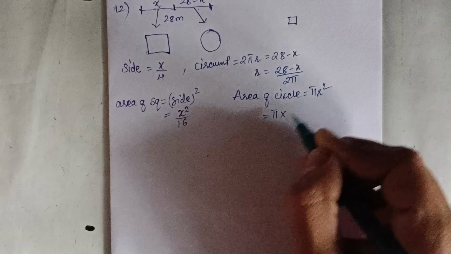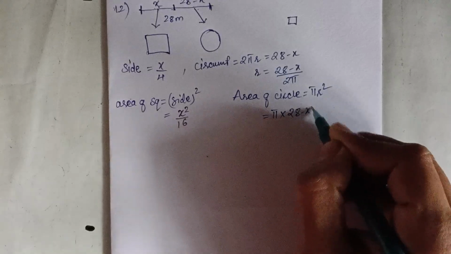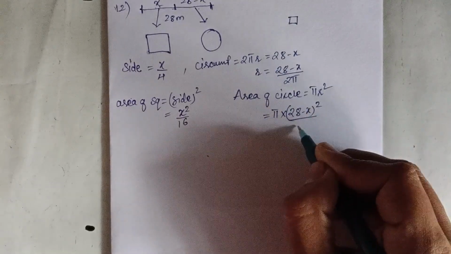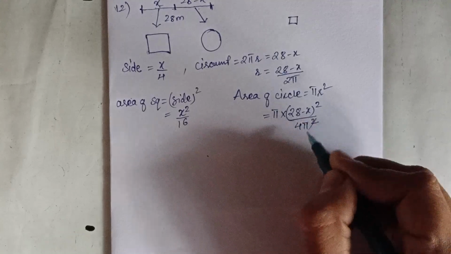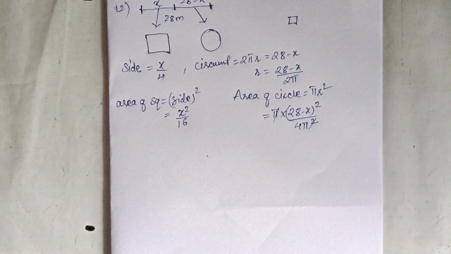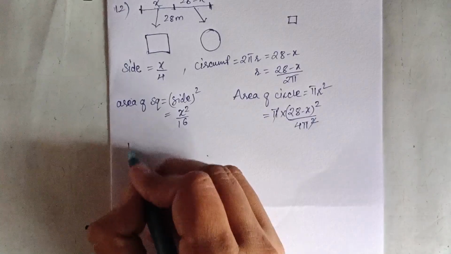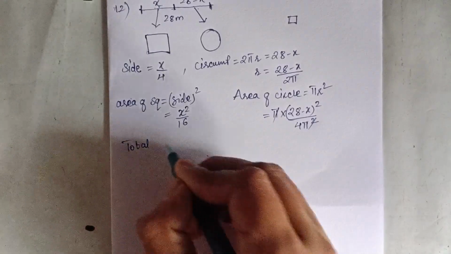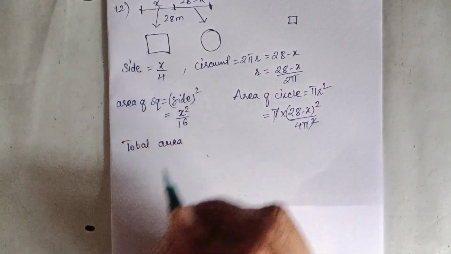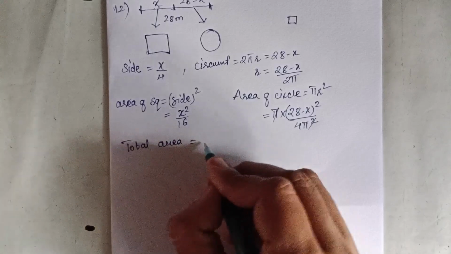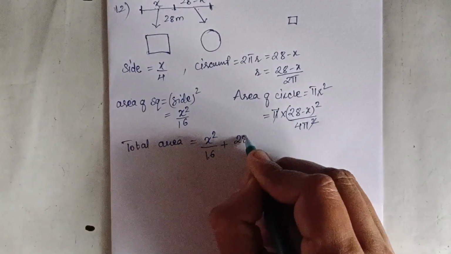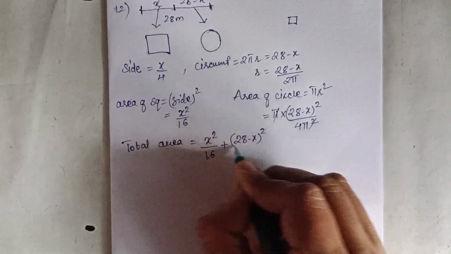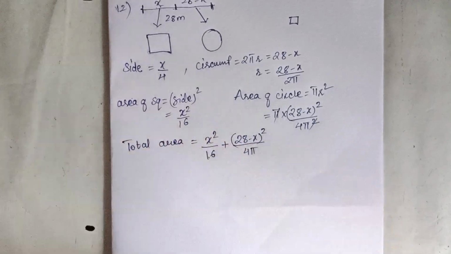So pi into 28 minus x the whole square upon 2 pi square, so 4 pi square. Total area is x square upon 16 plus 28 minus x the whole square upon 4 pi.